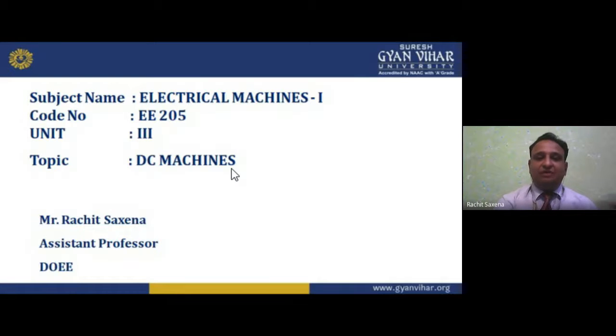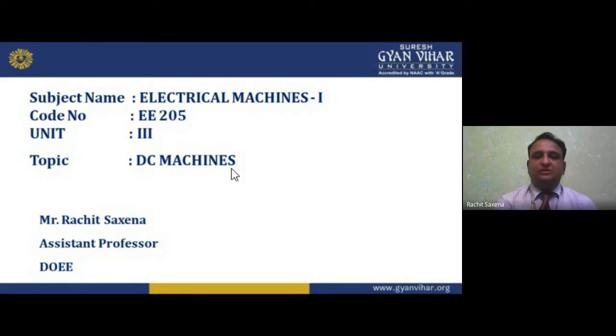We calculate or express force in the form of the Lorentz force, and torque is force into displacement. So in Unit number two, we studied electromagnetic force and torque and electromechanical conversion, that is, how we convert electrical power into mechanical power and mechanical power into electrical power.